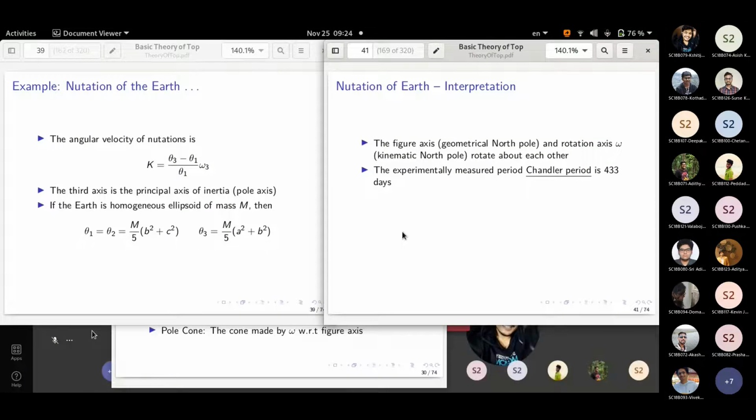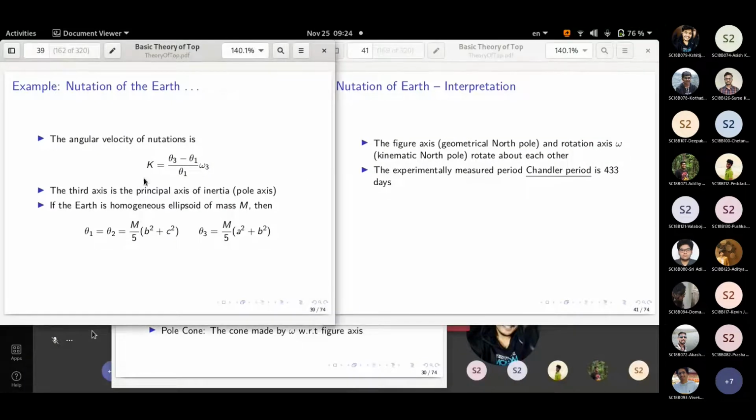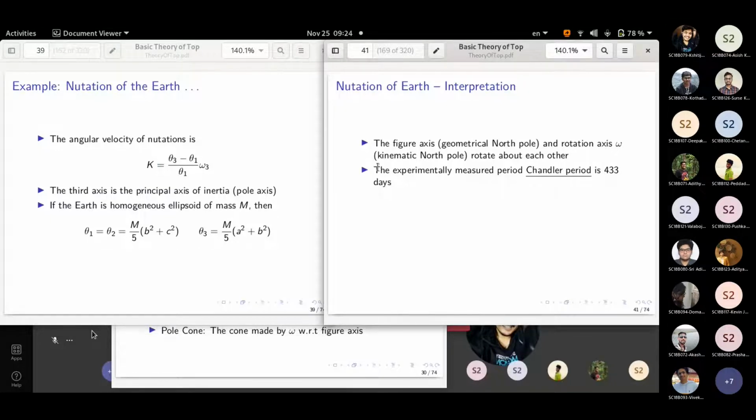What we see is that this k is the same for omega as well as angular momentum L. Of course, because Earth is not a perfect rigid body, we get this variation. The computed value is 304. We will show some videos to see what this nutation is, then it will make sense. This difference is due to the fact that Earth is not rigid.